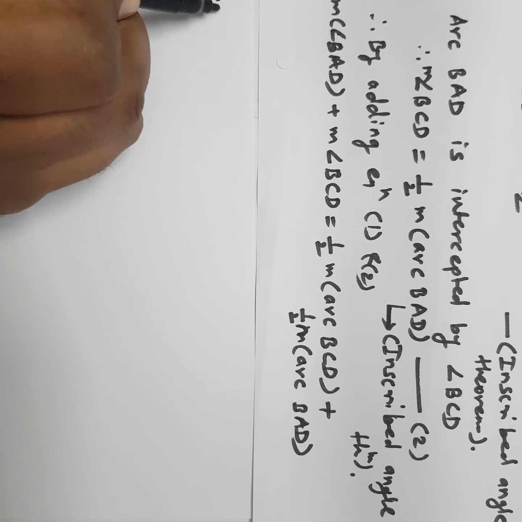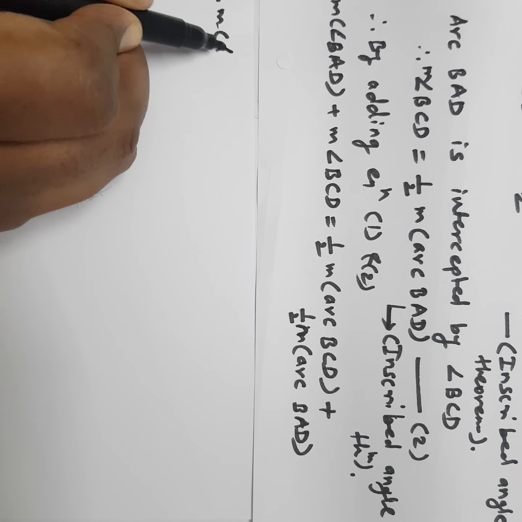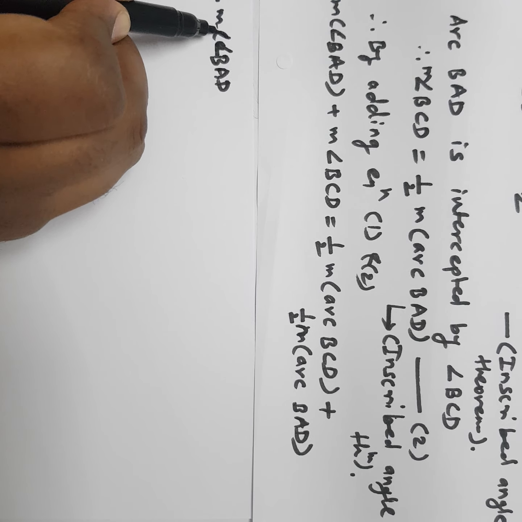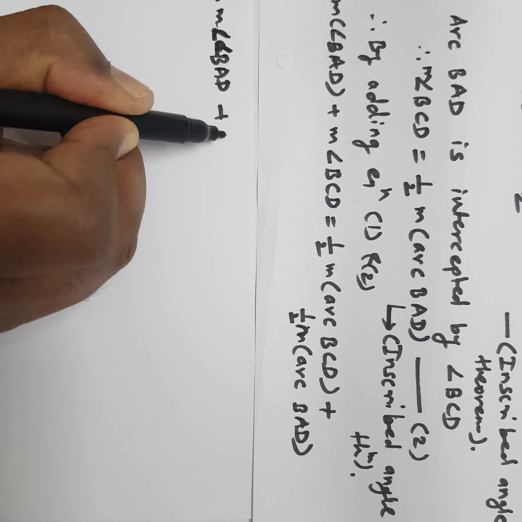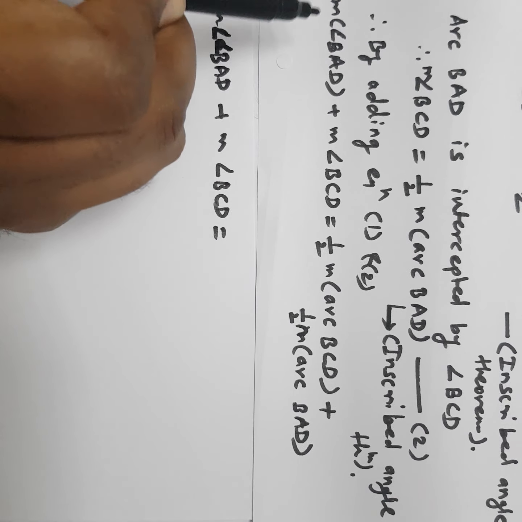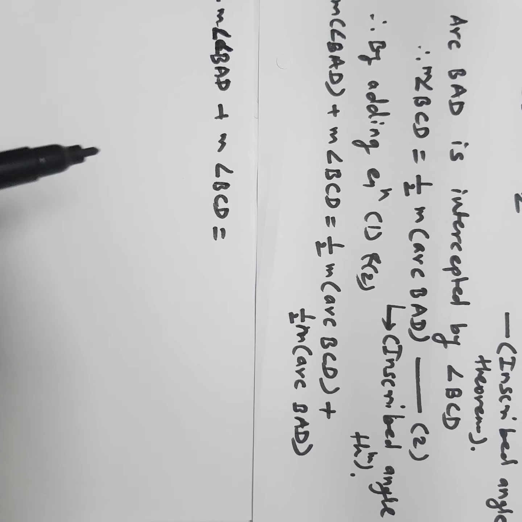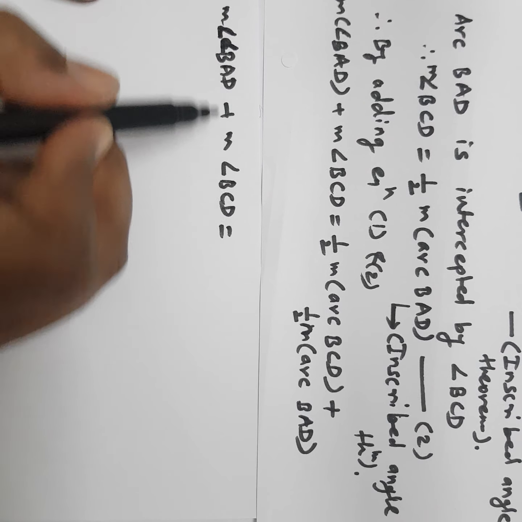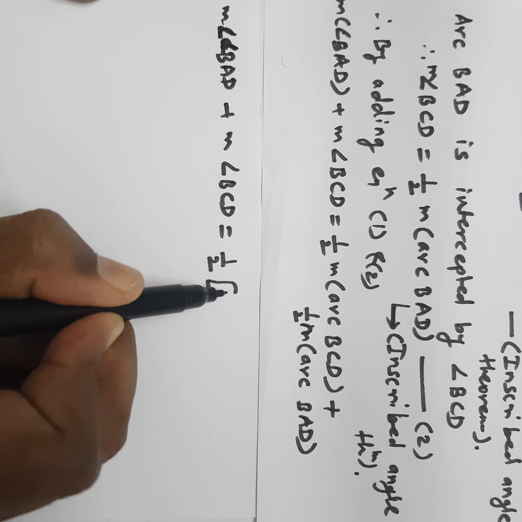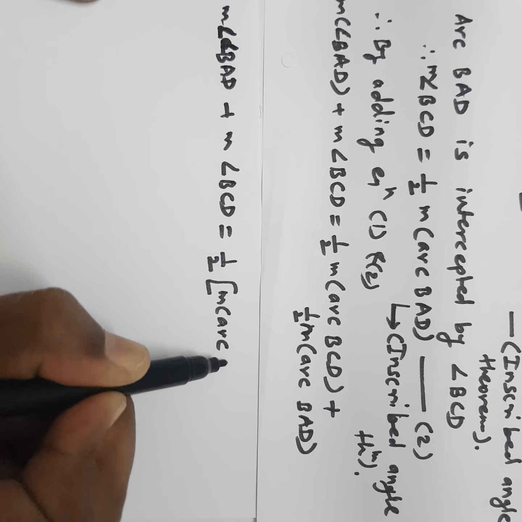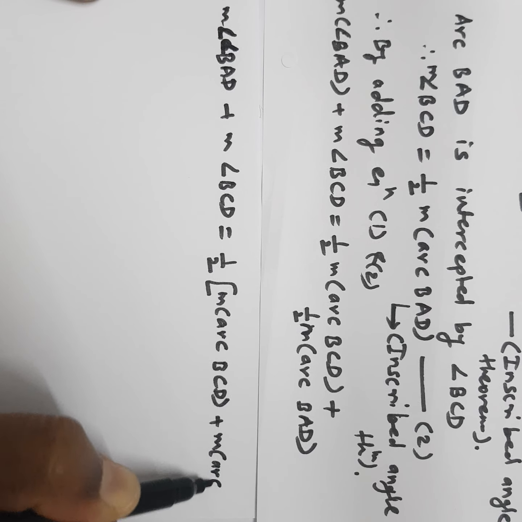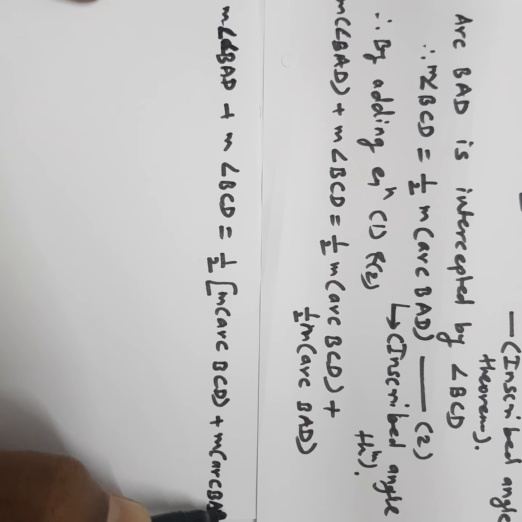Therefore, the measure of angle BAD plus the measure of angle BCD is equal to 1/2, which is common, into the bracket, the measure of arc BCD plus the measure of arc BAD.